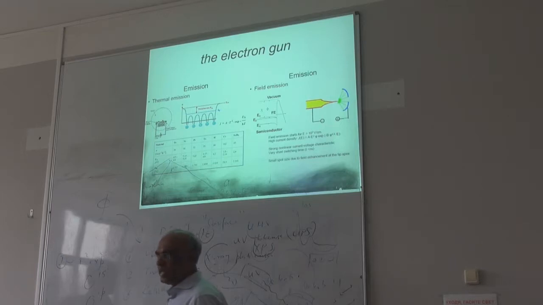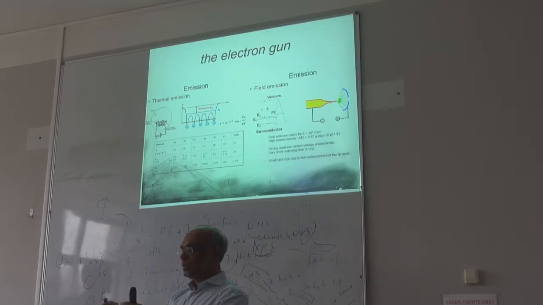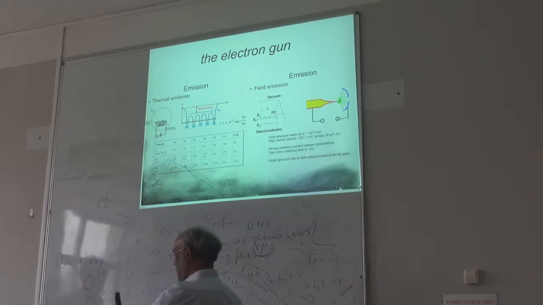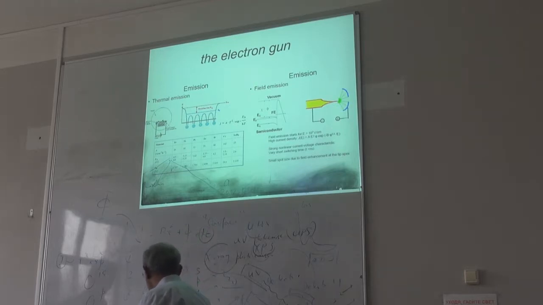Kelvin probe is also very easy. Simply, you have your sample, then you have another contact. Suppose this is your Fermi energy for one material, so this is your material. Then I bring my probe. The probe has a different Fermi energy, right?